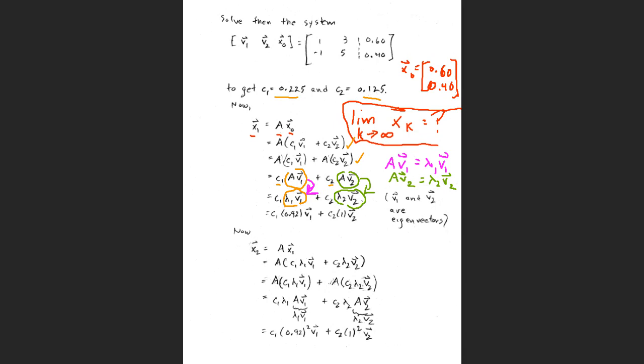What gives us the right to take A times V1 and replace it with lambda 1 times V1?